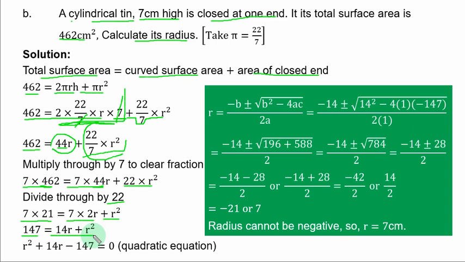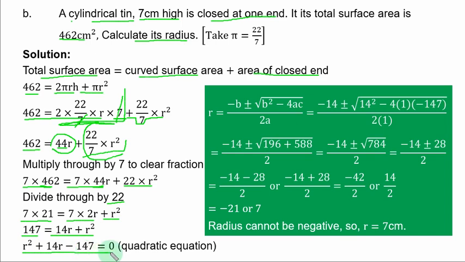To factorize or use any other method, the right hand side is always 0. So let's transfer 147 in. So you have r squared plus 14r minus 147 equal to 0.